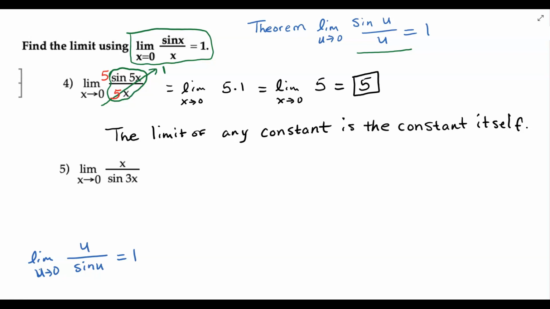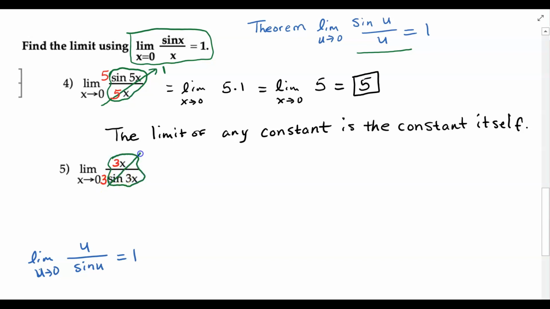If you want something in life, you make it happen. We notice that we have x over the sine of 3x, and that's great, but we need a 3 in the numerator, so I'm going to make that happen. I'm going to write that in, but the consequence of that is that I must write a 3 in the denominator. Okay, so now that it's all set, I can put a ring around it like this.